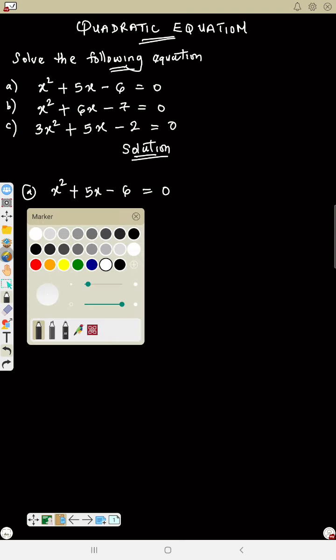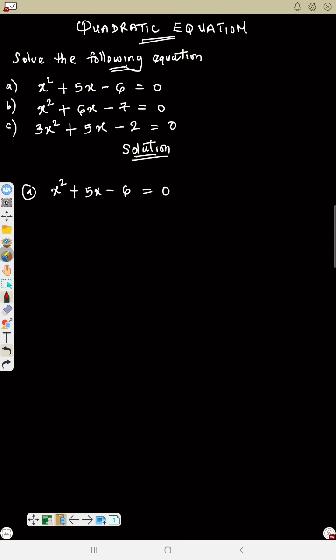But you have to remember your signs: minus times minus is equal to plus, plus times minus is equal to minus, plus times plus is equal to plus, and minus times plus is equal to minus.